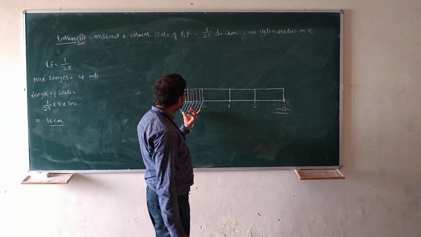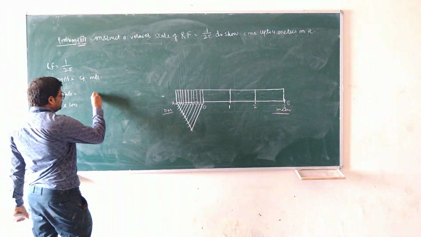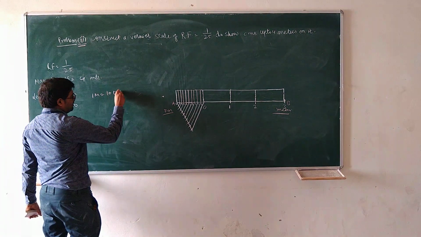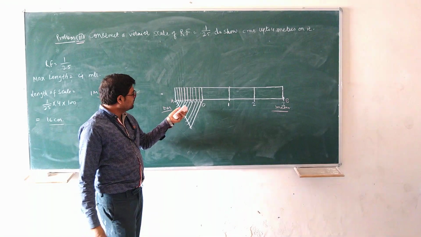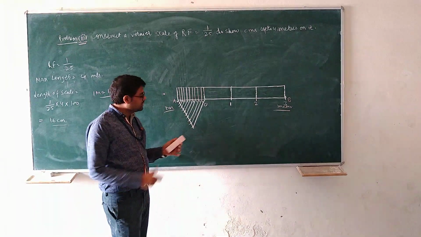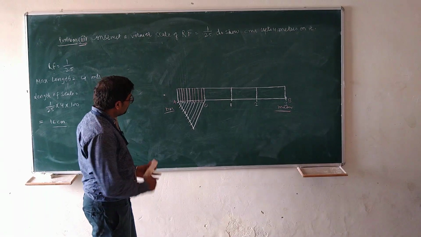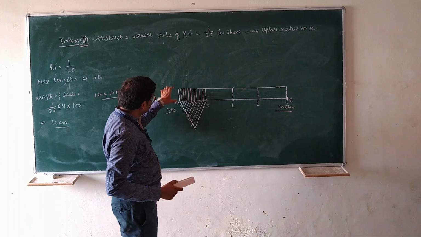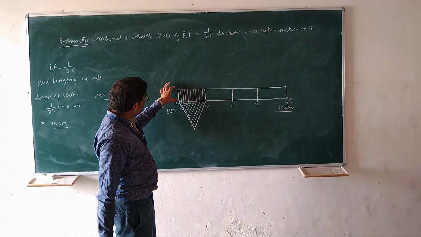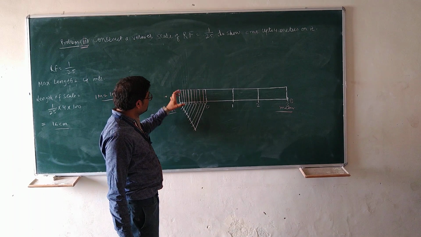So we have to divide the first part into 10 equal parts because 1 meter is equal to 10 decimeters. We divide it into 10 parts using the division method, as we have studied earlier. 1, 2, 3, 4, going right to left. And this side will be 1 centimeter, or you can use any other measurement.